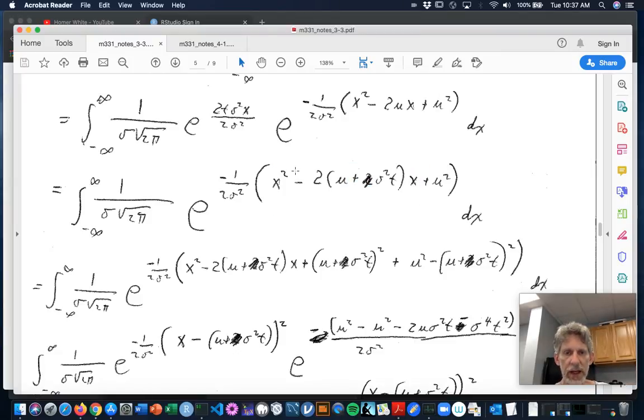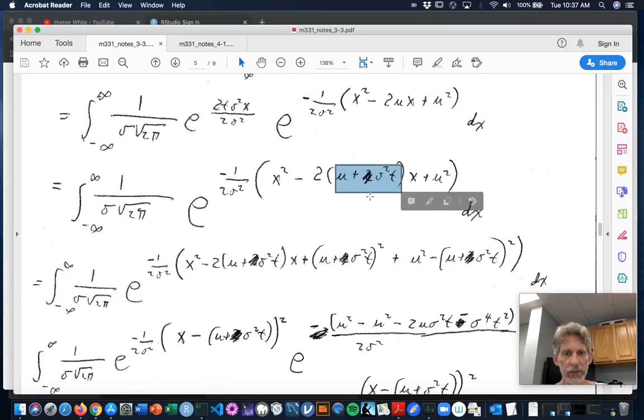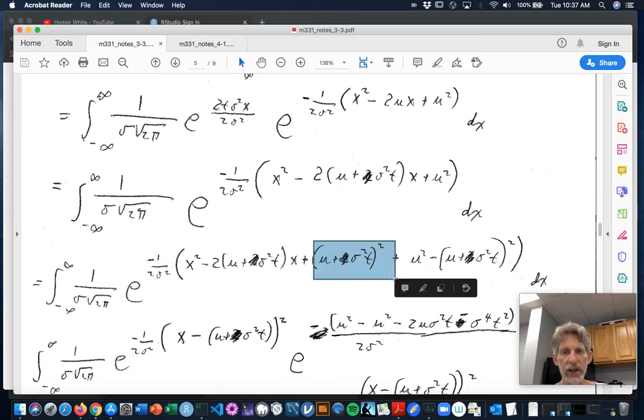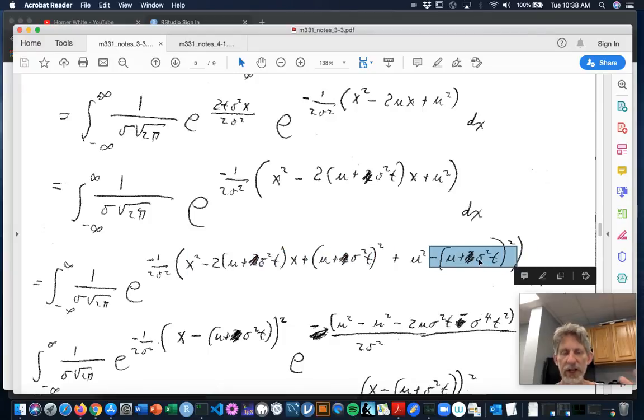This time the k is this minus 2 mu plus sigma squared t. So k over 2 would be minus (mu plus sigma squared t). And so you add on (mu plus sigma squared t) squared, and that would make this a perfect square. But of course, you're going to have to subtract that stuff off in order to not change the quantity you're actually working with.